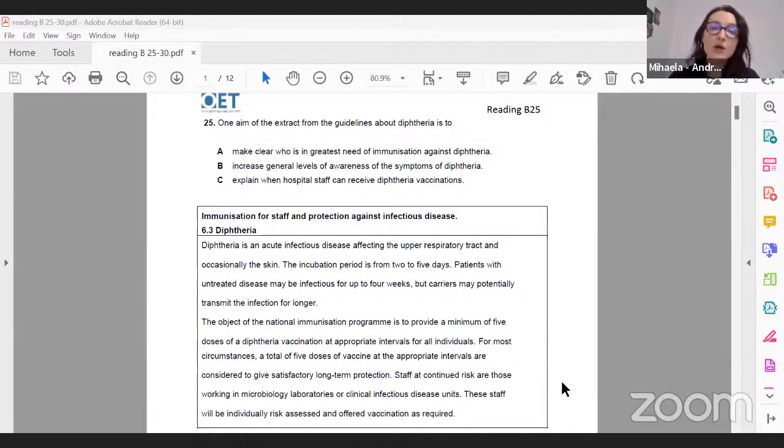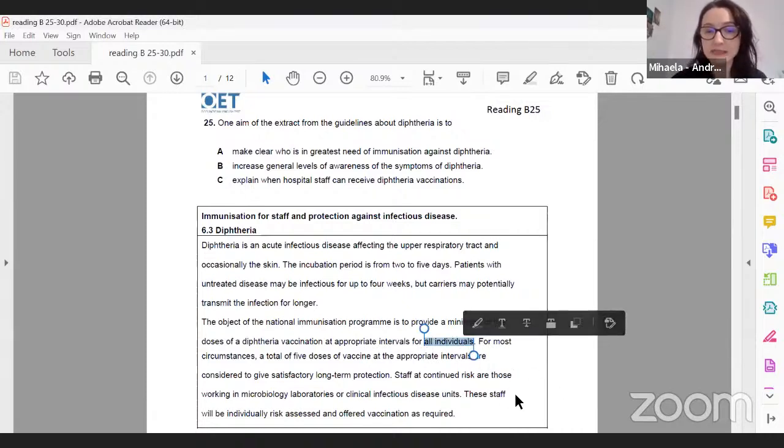So our question mentioned the aim of this little extract. We will focus on information that is presented like relevant, important, essential, the key information. Because our text talks about people who should receive vaccination, because at some point it says all individuals. And then we also have the doses of the vaccine.